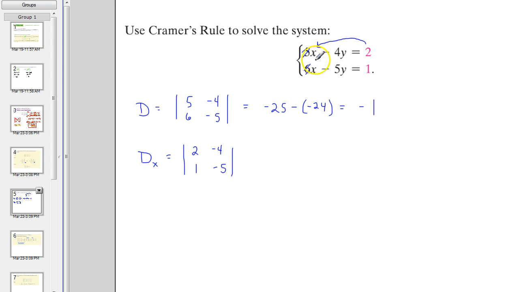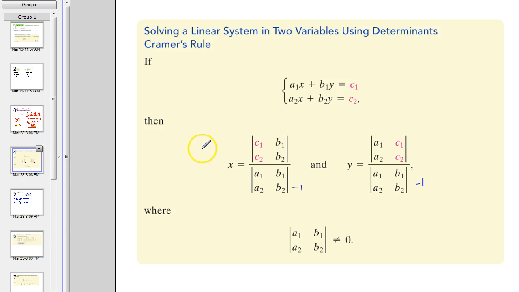I just took this 5 and 6 that was originally there, threw it out, and replaced it with the 2 and 1. Now multiply here, I get a -10, minus, multiply this way, I get a -4. So -10 plus 4 is -6. So that is this part. So that's -6.